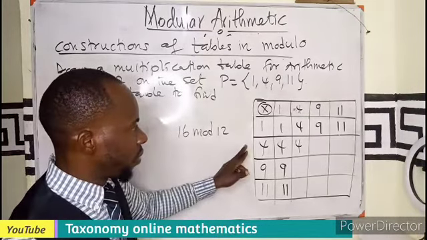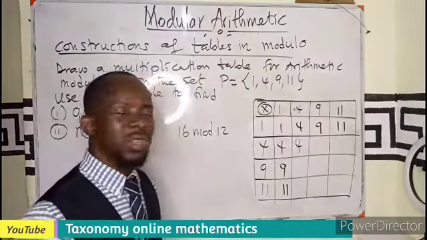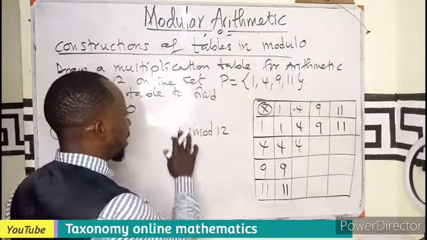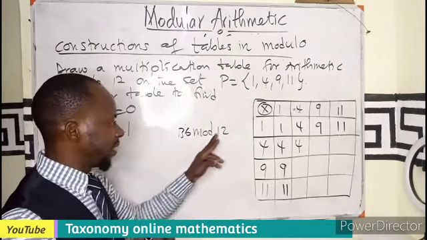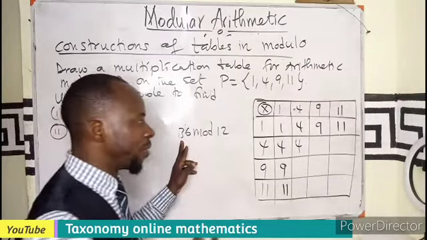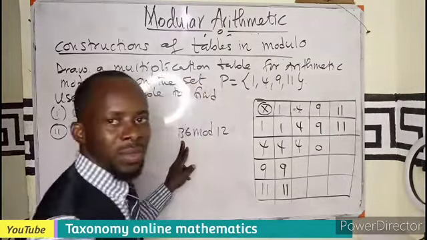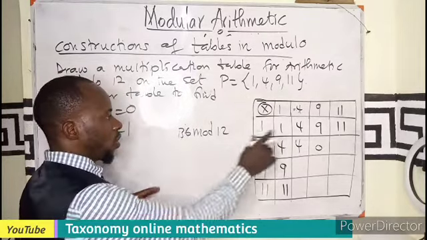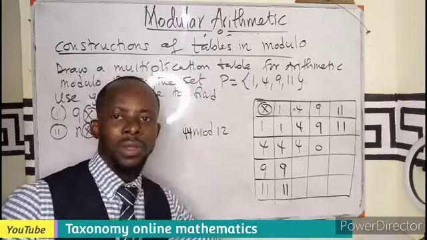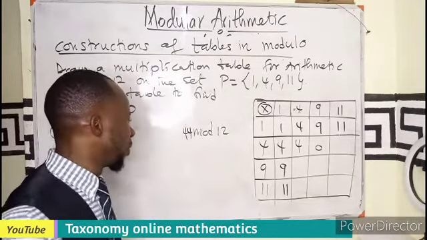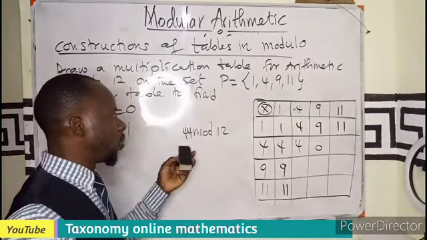Alright. 4 times 9, that is what? 36. And 12 will go into 36 3 times. Remainder what? 0. Did you get it? So 11 times 4, we have 44. 44 in mod 12. So how many times will 12 go here?